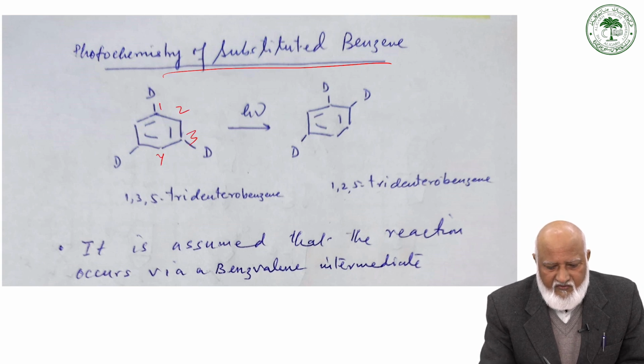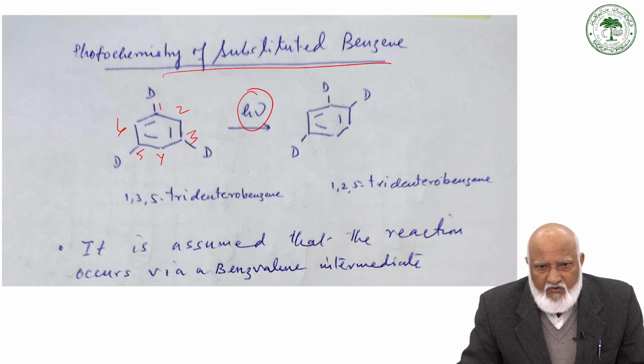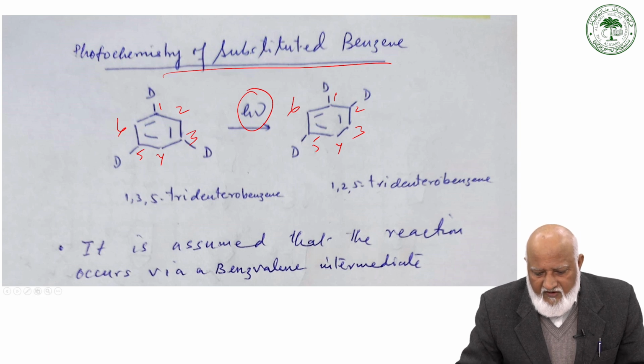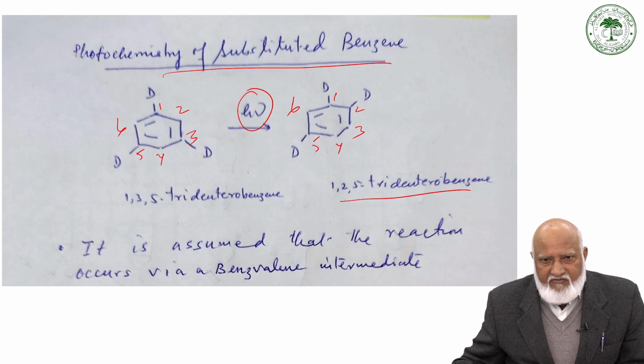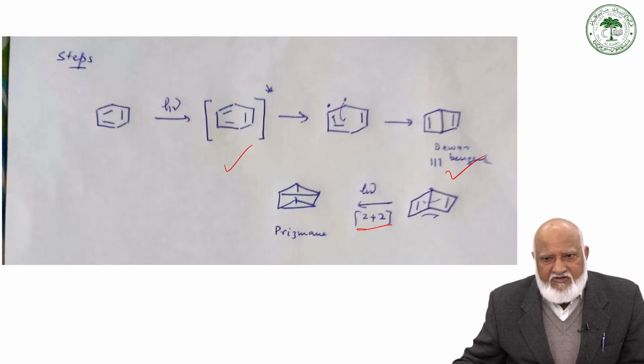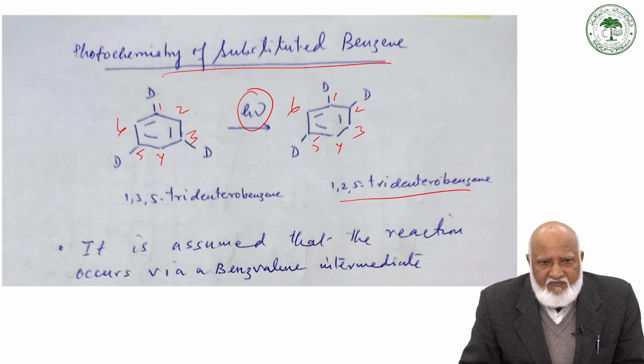Now, today we would like to see the photochemistry of substituted benzene, and it has been observed that 1,3,5-trideuterobenzene under photolytic condition undergoes photoisomerization to give 1,2,5-trideuterobenzene. Here we can really appreciate the photochemistry of benzene.